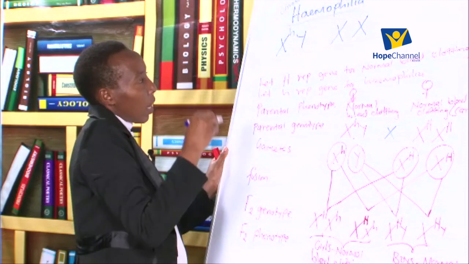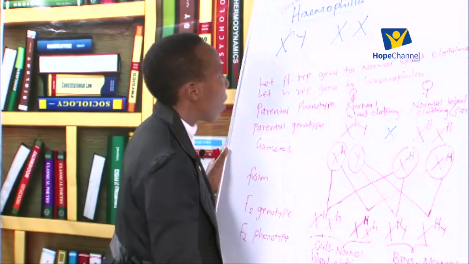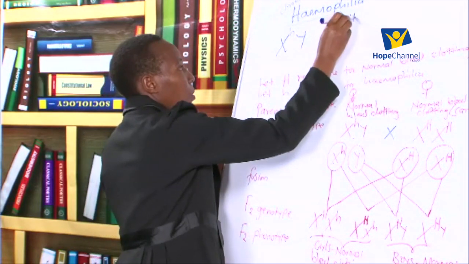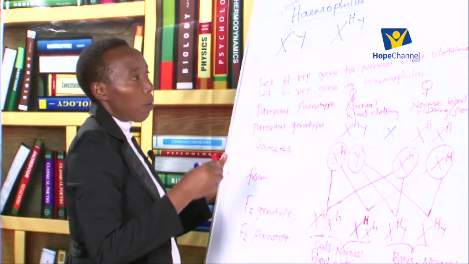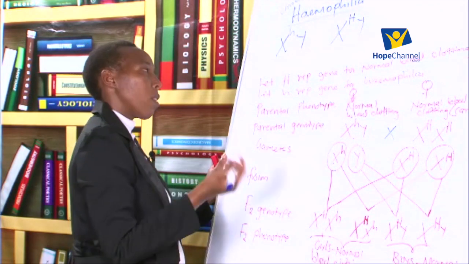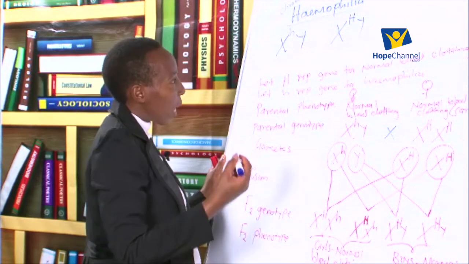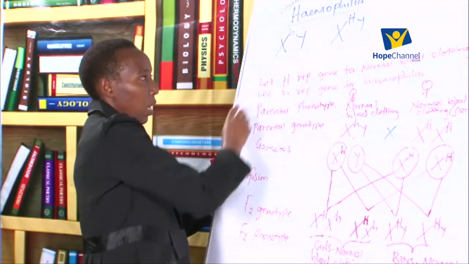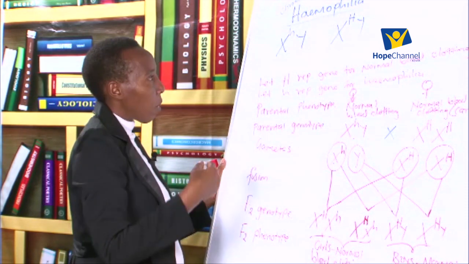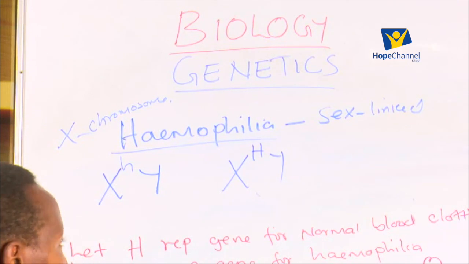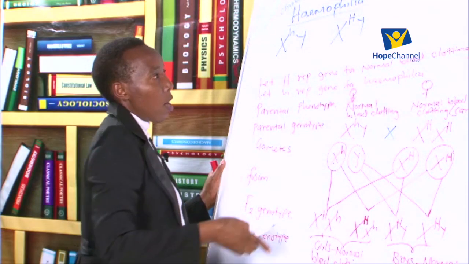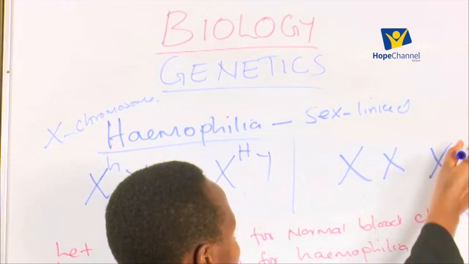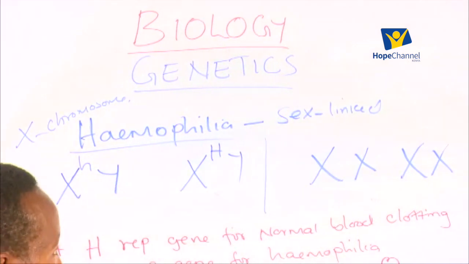But another time, if the X is carrying the gene for normal blood clotting, then it will be normal blood clotting. So in other words, for the case of boys, you are either having a normal blood clotting or you are hemophilic. You cannot be a carrier, because you only have one X, and that X can only carry one gene. But for the case of girls, we have two X. So what does that mean?